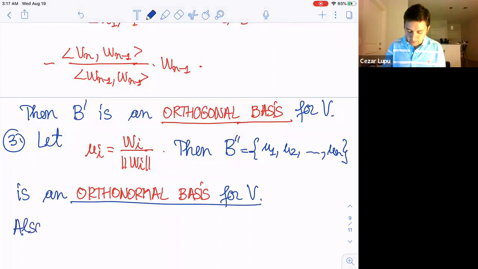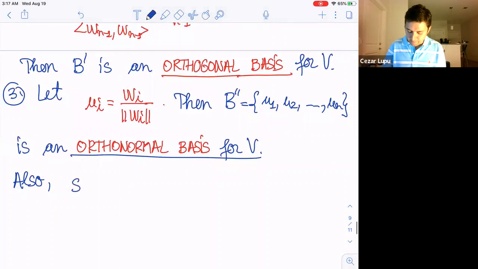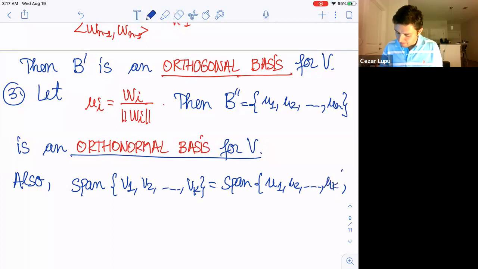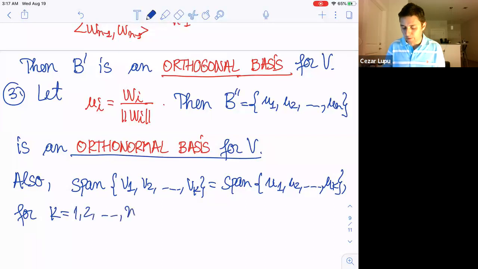Also, we would like to say that the span of vectors v1, v2, vn is the same as the span of u1, u2, un, for k going from 1 to n.